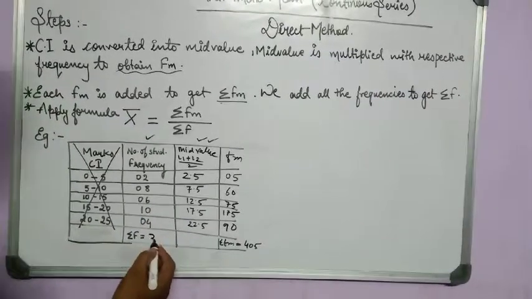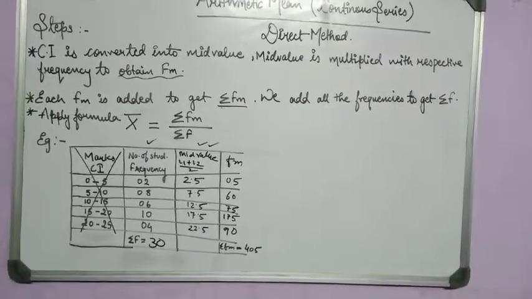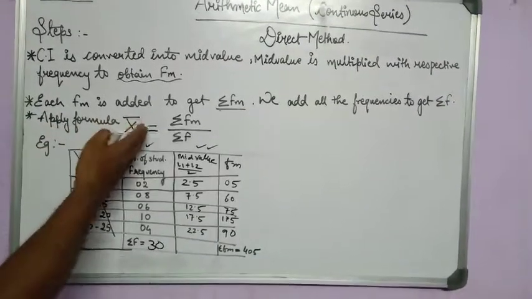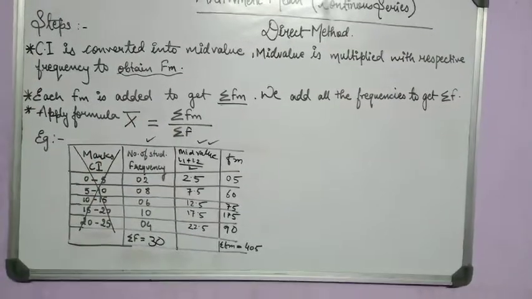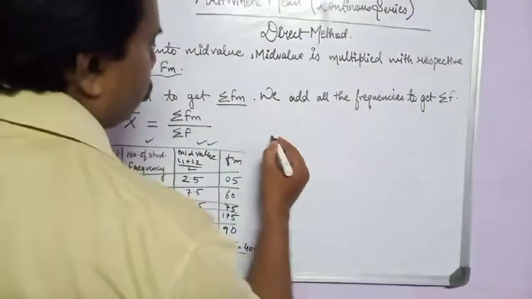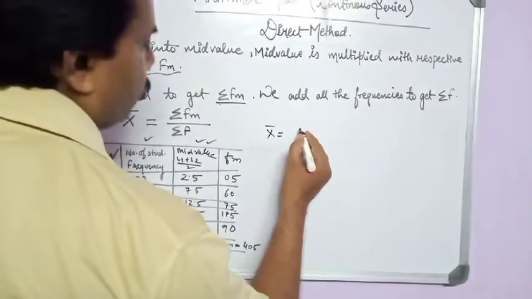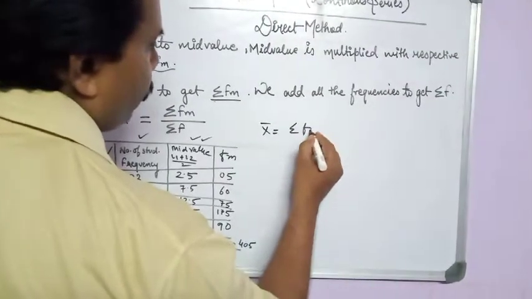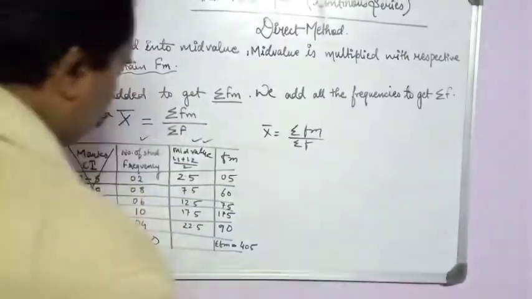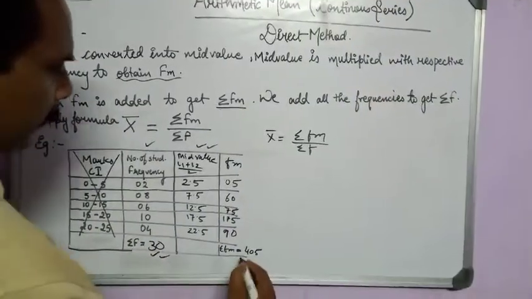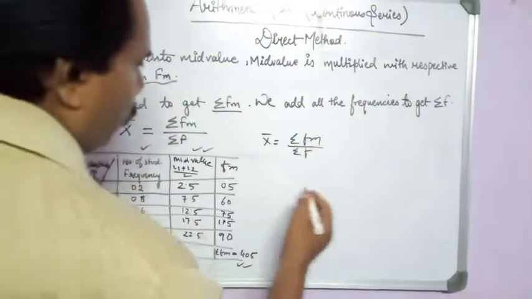Clear? Now we will apply the formula: X bar is equal to sum of fm divided by sum of f. So sum of f is 30 and sum of fm is 405.